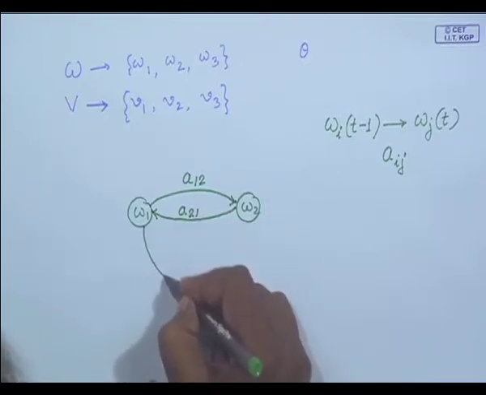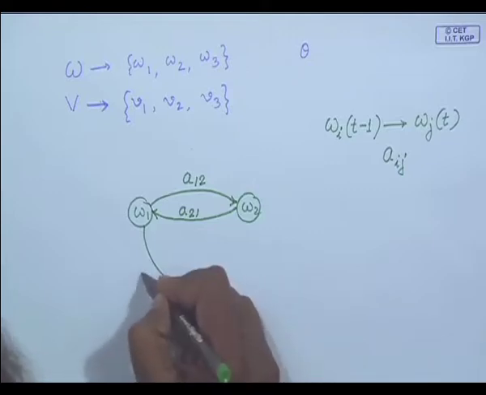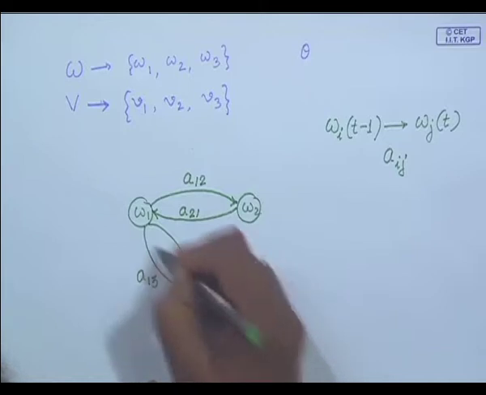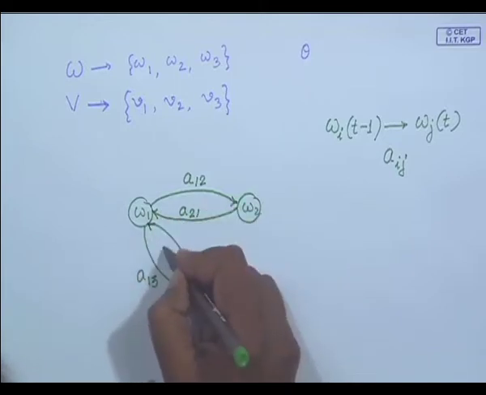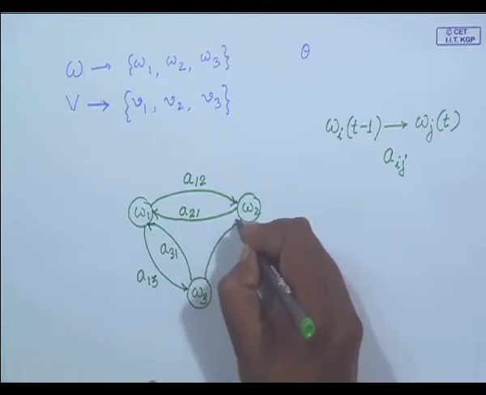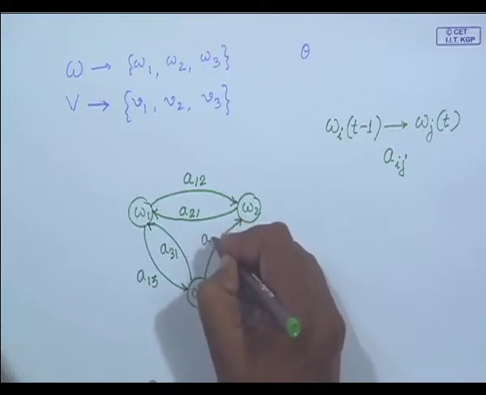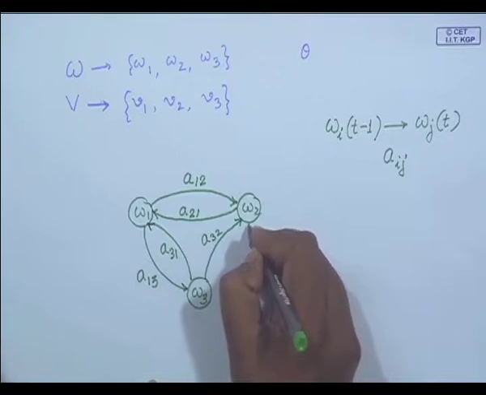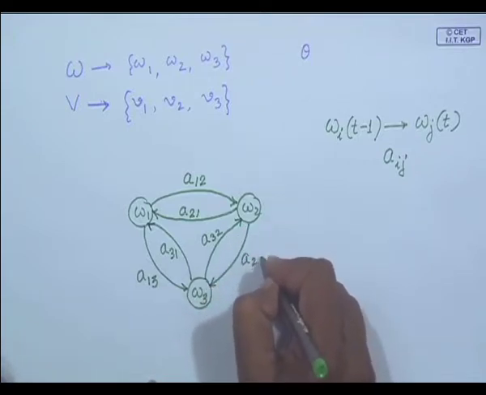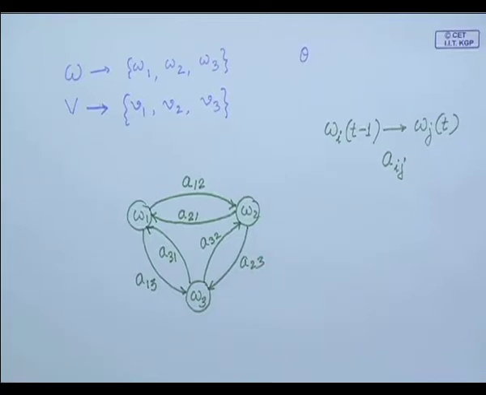Similarly, omega 1 to omega 3 will be A13, omega 3 to omega 1 will be A31, omega 3 to omega 2 will be A32, and omega 2 to omega 3 will be A23. So, these are the transition probabilities between two different states.